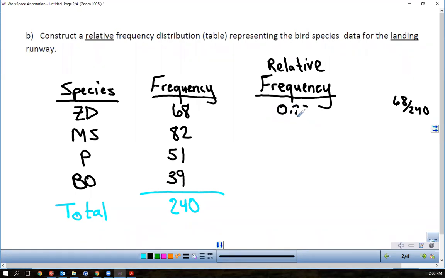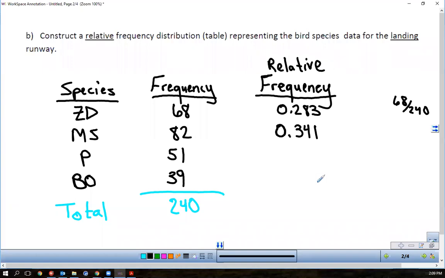0.283. Okay. And then we'll go through each of these in a similar manner. So 82 divided by 240. What would that give you? 0.341. Okay.